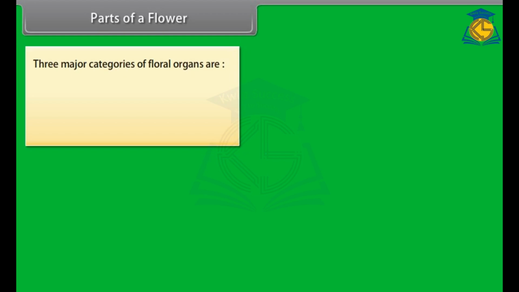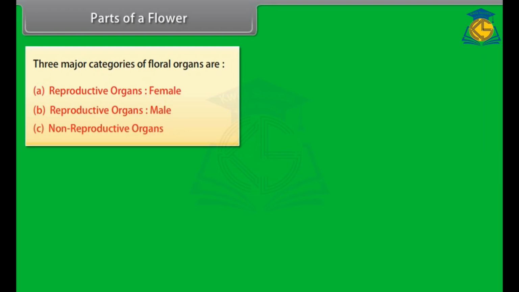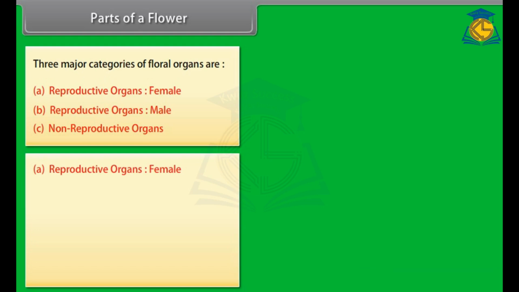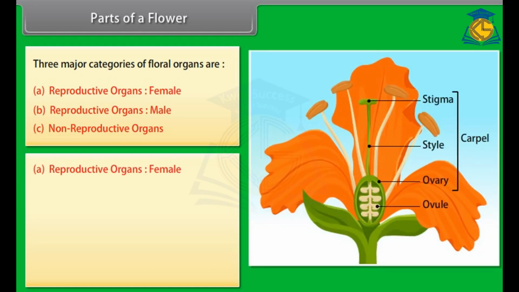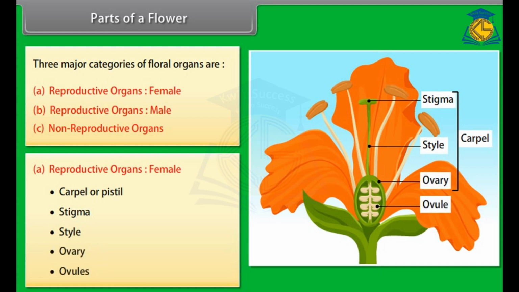Parts of a flower. Three major categories of floral organs are reproductive organs, female, reproductive organs, male, non-reproductive organs. A. Reproductive organs, female. Carpel or pistil, stigma, style, ovary, ovules.